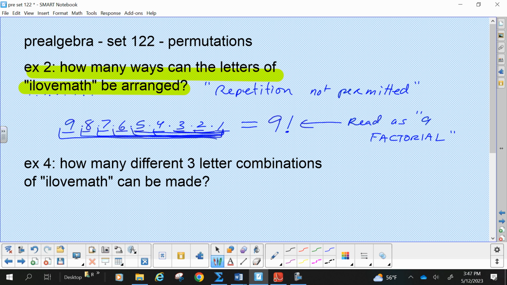Okay, now, what if you only take a subset? Sometimes this happens. How many different 3-letter combinations from the 9-letter I Love Math choice pool can be made? I'll give you a second to write that down.